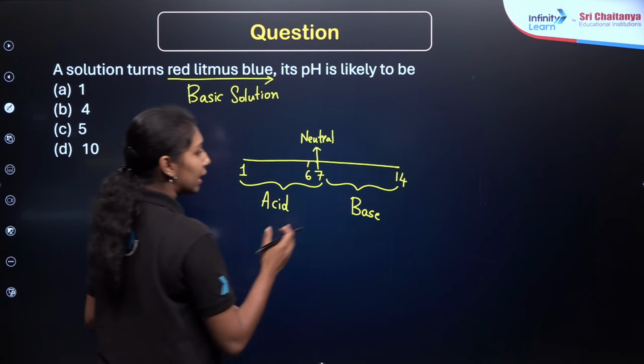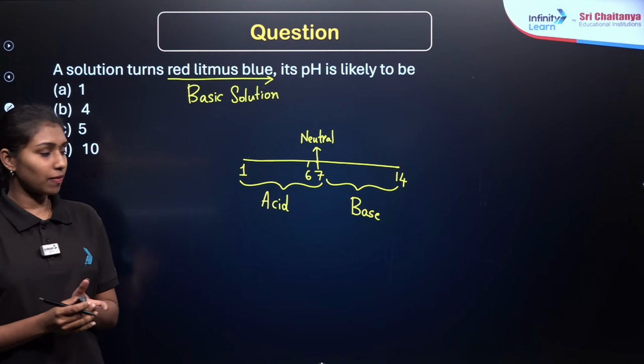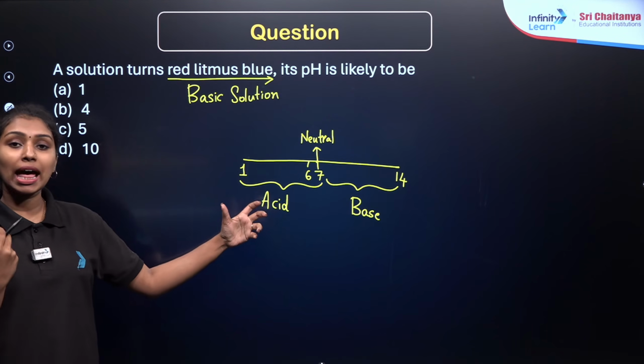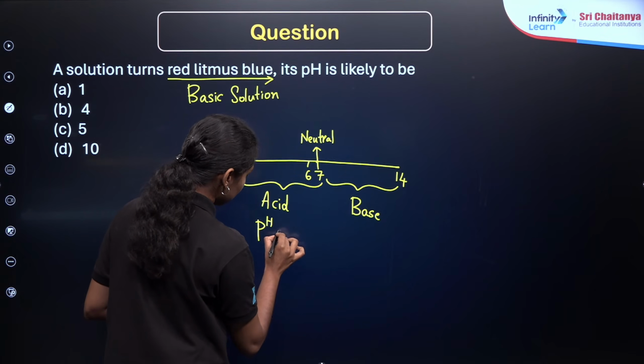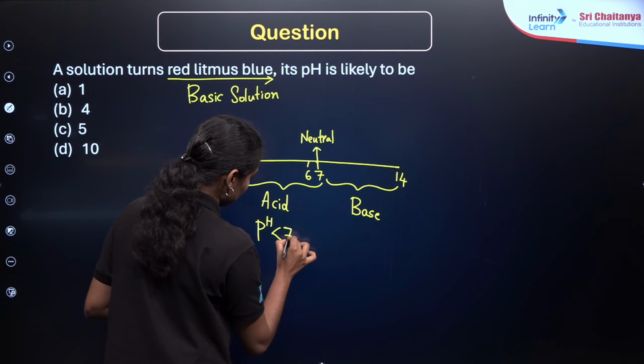So I hope you got an idea about the pH value, right? If you have the pH value in between 1 to 6, that will be having the acidic nature, right? So we can define the pH will be always less than 7 in the case of acid.